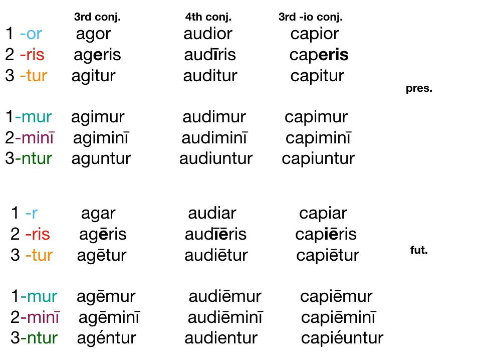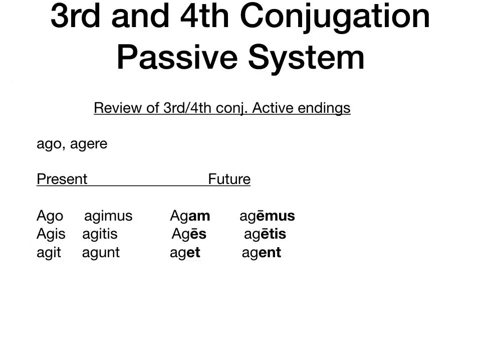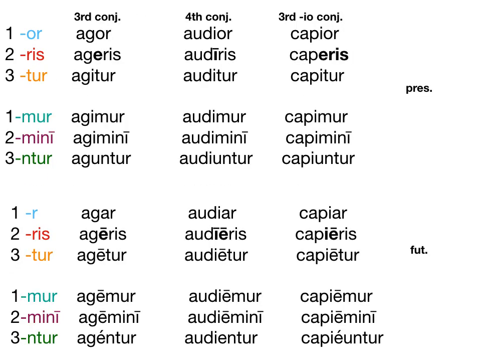But yeah, we mostly want to compare them to the future tense endings for the passive system, because that's where we have a little bit of weirdness. So notice the first person singular is ending in AR instead of OR. So that might remind us of how first person singular future active is ending AM, maybe.